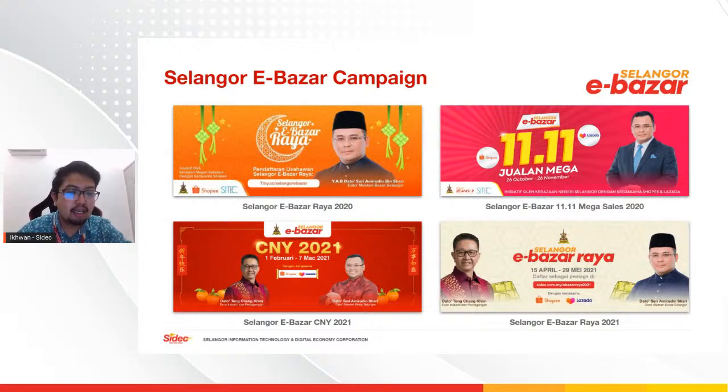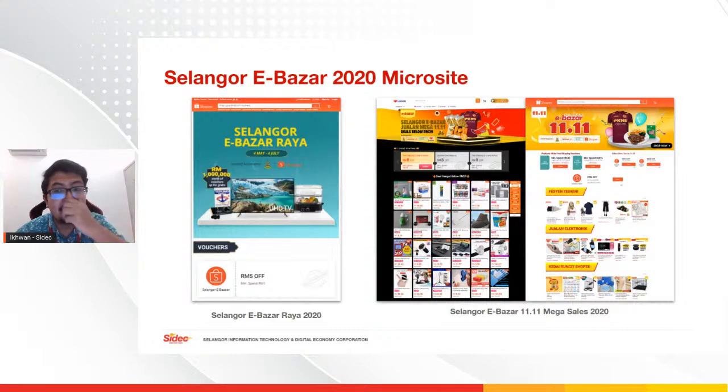This is an initiative from the Selangor state government, in partnership with Lazada and Shopee, where the state government provides subsidies through vouchers to Shopee and Lazada so that buyers can use them to buy any product at the sellers' shops. So this is our microsite.